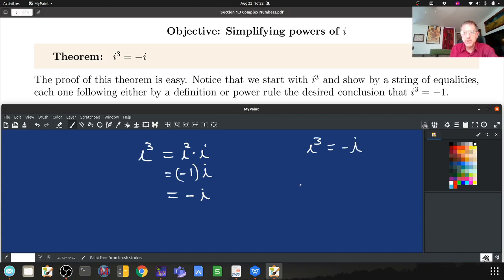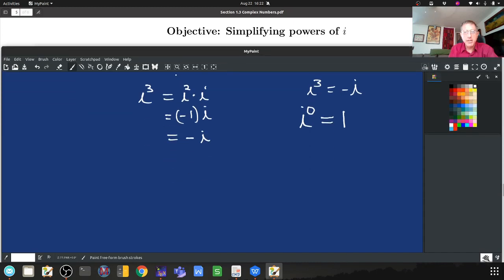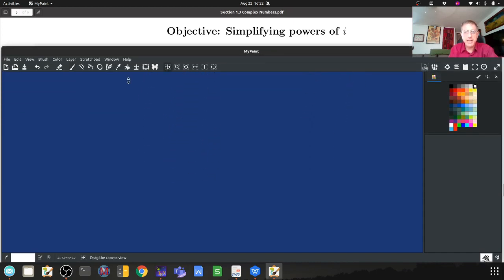And I'm just going to give you a definition. i to the 0th power is going to be equal to 1. I'm just going to define it that way. So now we actually have a pattern. Let's look at that pattern.